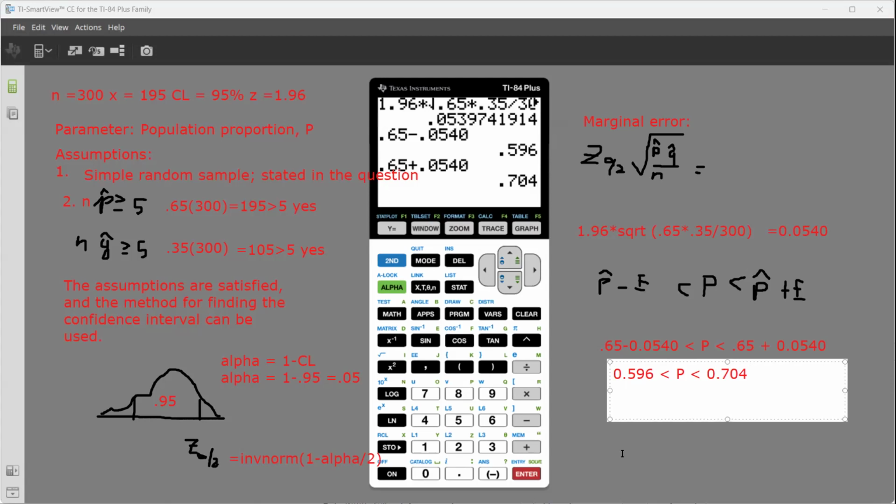So we get 59.6% is less than P is less than 70.4%. And that would be my approximation.